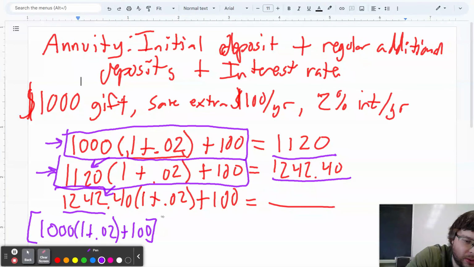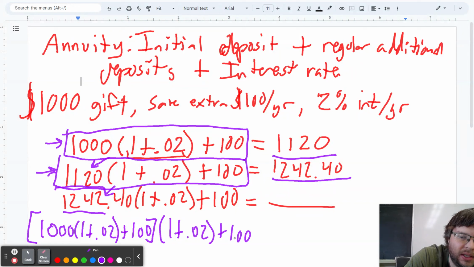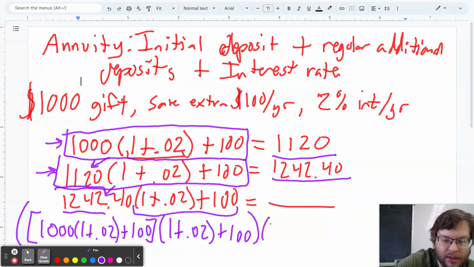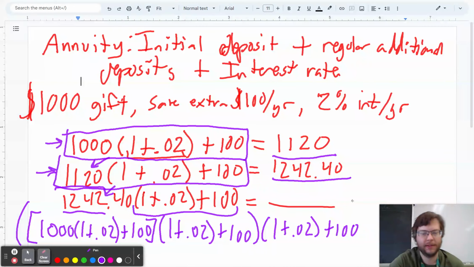So I have 1120 times (1 plus 0.02) plus 100. That's what the 1242 is. And then all of that, I have to finish out the formula with the rest of it. Another 1 plus 0.02 plus 100 at the very end, no parentheses.